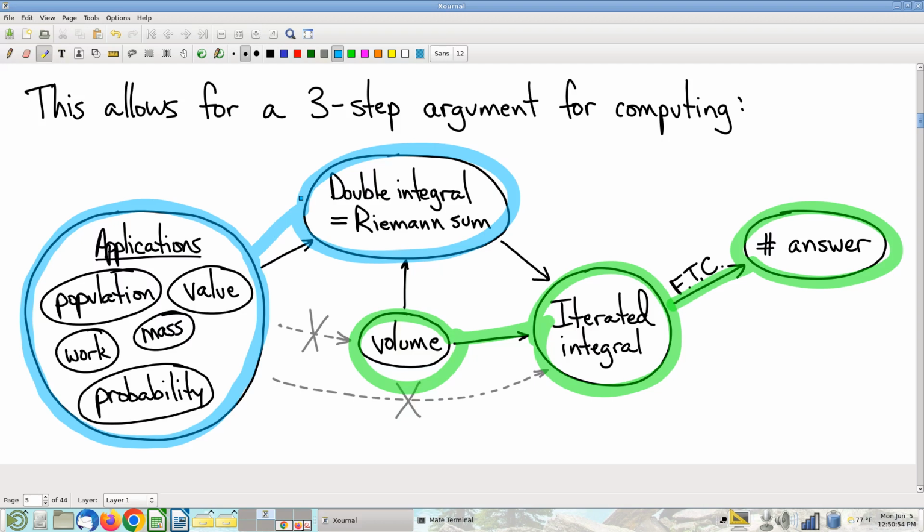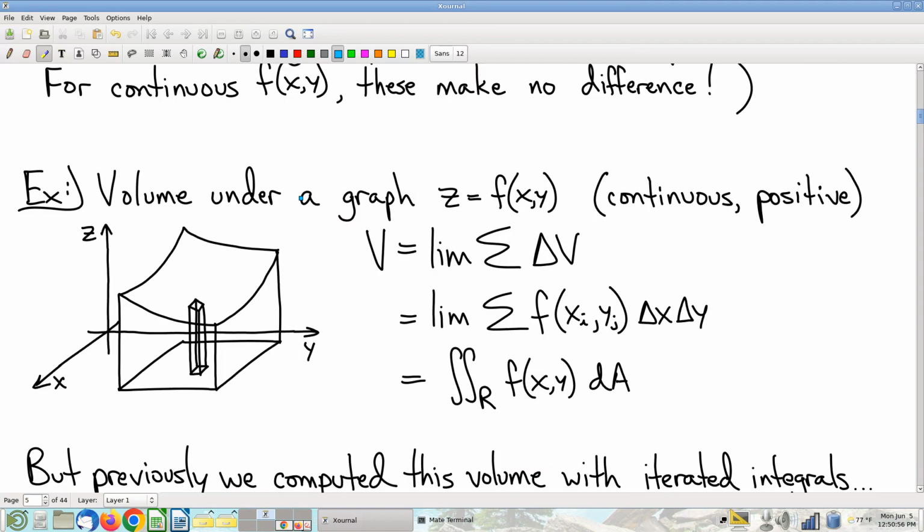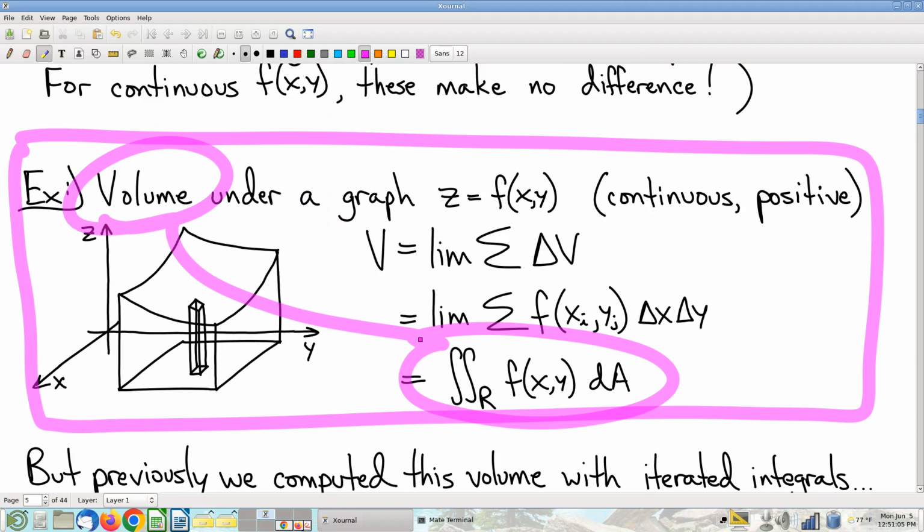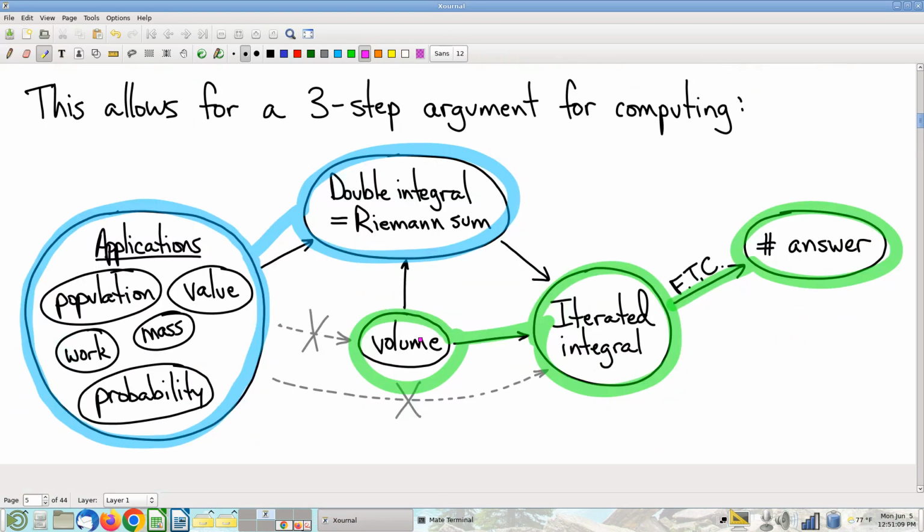And now let me explain why this calculation that we just did here is important. This calculation we just did here, we computed volume with a double integral. Let's see how that manifests on this diagram. We computed volume as a double integral.